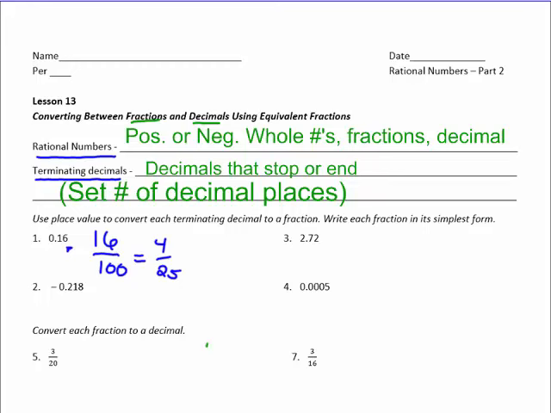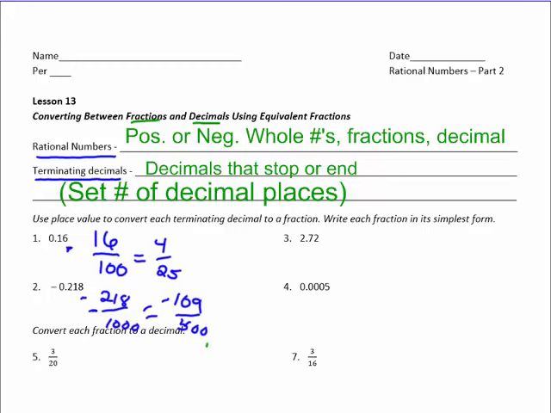So I have 1, 2, 3, which means this is in the thousandths place. So that's 218 over 1,000, and we're going to keep it negative, so I'm going to put a negative sign out front. Well, I know that 2 goes into both of those because they are both even numbers. So if I divide them both by 2, I get negative 109 over 500, and that is in lowest terms.